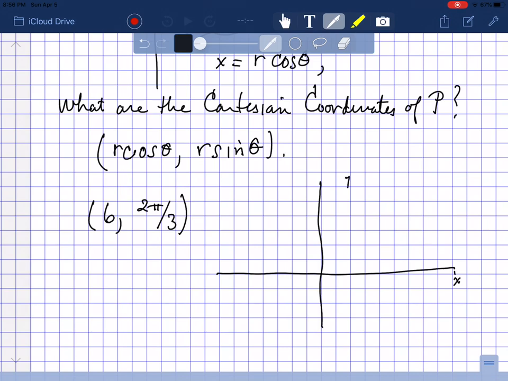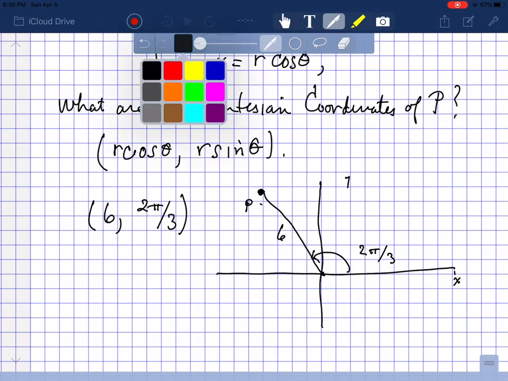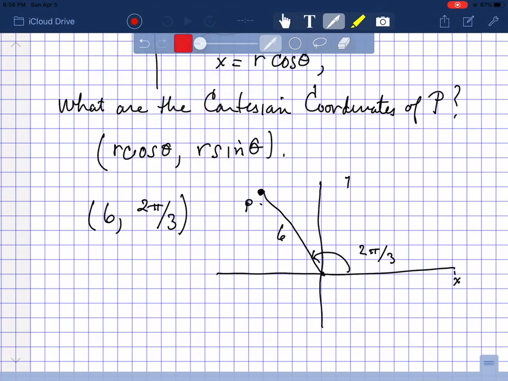Let's just sketch this. Pi over 3 is equal to 60 degrees. So we're at a point P located in the second quadrant. This angle here happens to be 2 pi over 3, and the distance here happens to be 6.